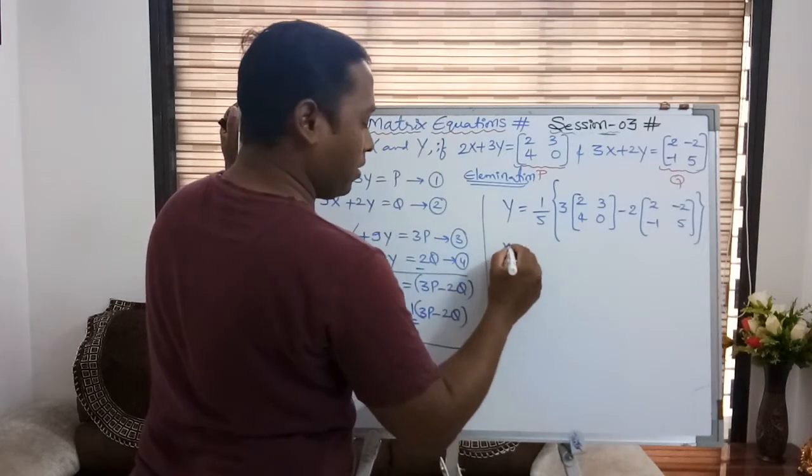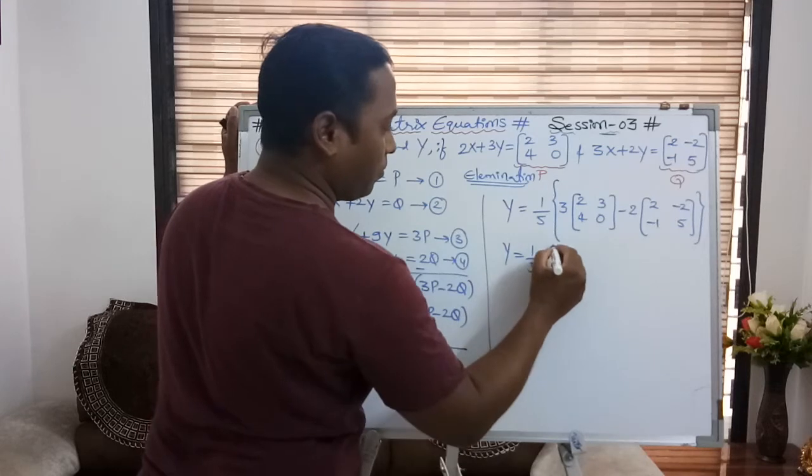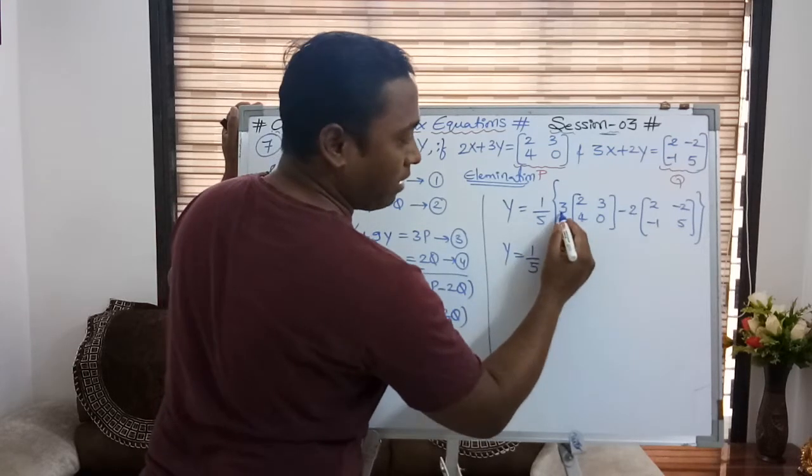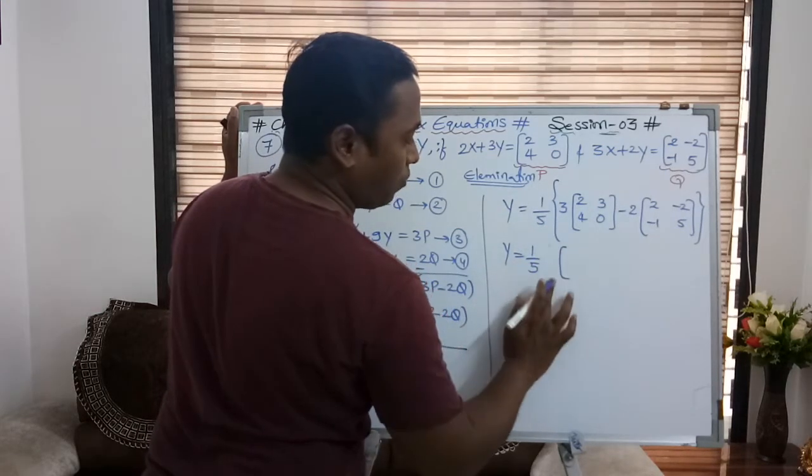Just simplify further to get the answer. So by multiplying with 3, the matrix becomes what?